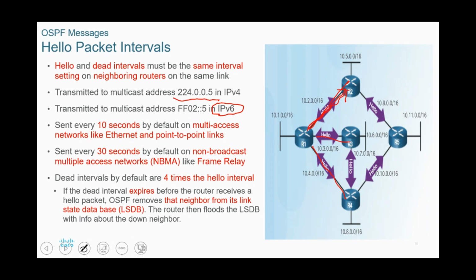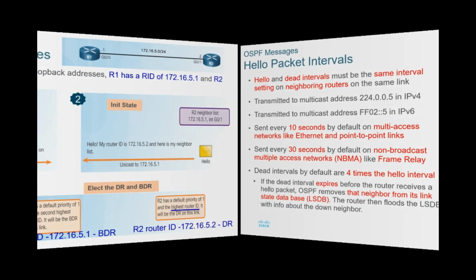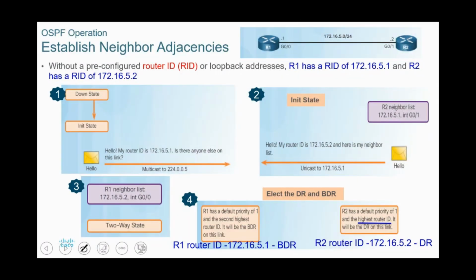So within the 40 seconds, if router 2 didn't send any reply to router 1, router 1 will assume that router 2 is down, as the dead interval expired. So the router then will flood the LSDB, which is the link state database, with the info about the down neighbor to the rest of the neighbors.